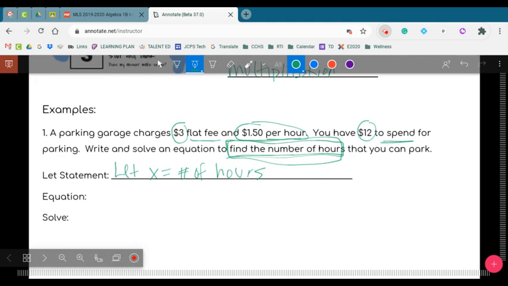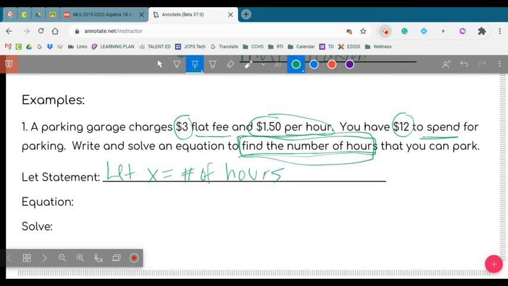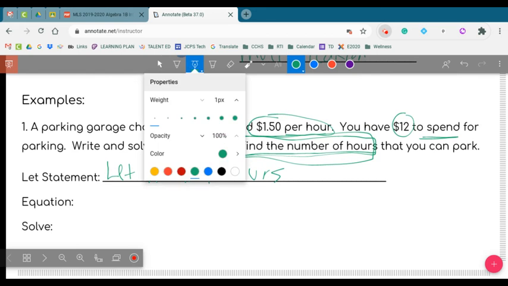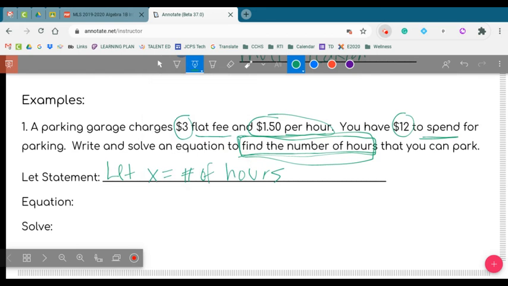So if it is a flat fee of $3, that means it's just going to be a 3 by itself because it's not per, it's just a flat fee. It's just happening once.